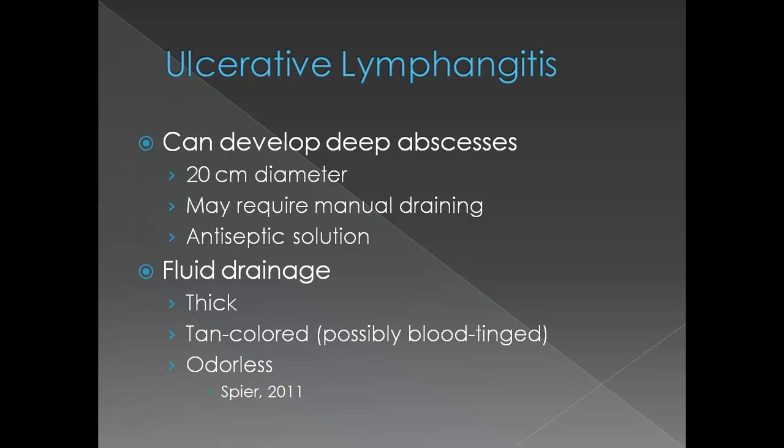After a veterinarian manually drains the abscess, an antiseptic solution should be used to kill any bacteria remaining in the tissue near the abscess. The Merck Veterinary Manual states that the drainage from these abscesses will mostly be a thick, tan-colored, or sometimes blood-tinged fluid that is odorless. The appearance of the fluid from the abscess may help to eliminate other diseases from the list of possible diagnoses.